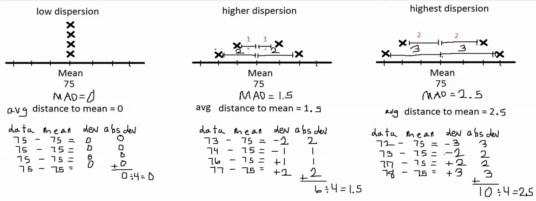What you have to do is create a new column, which is a column of squared deviations. If you want to get a standard deviation, the first step is to get these squared deviations.